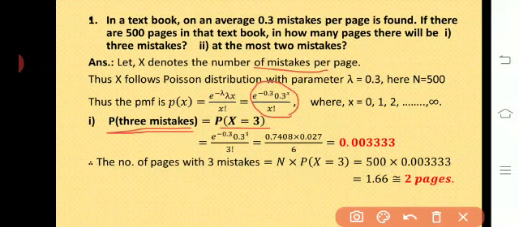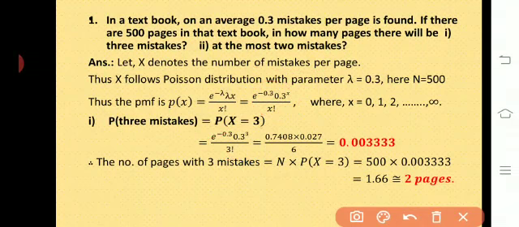So that is e raised to minus 0.3 as it is, 0.3 raised to x, so x is equal to 3, so 0.3 raised to 3 divided by 3 factorial.